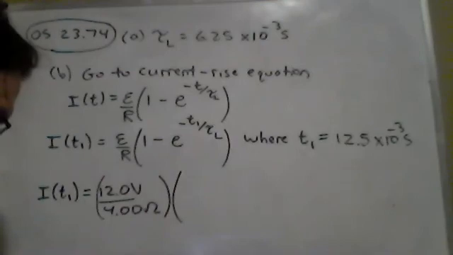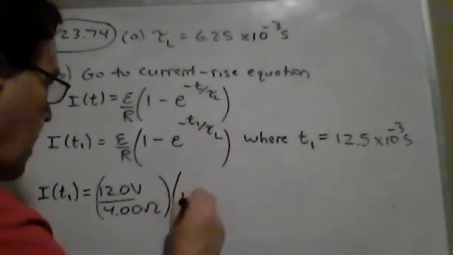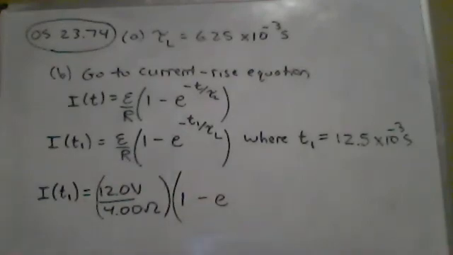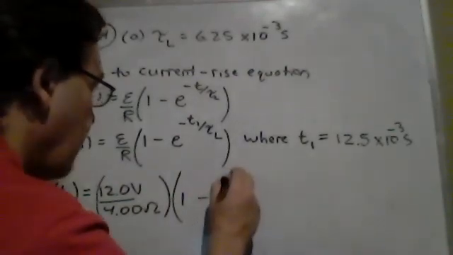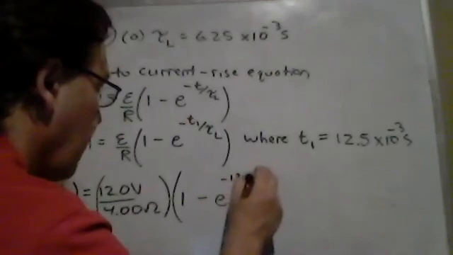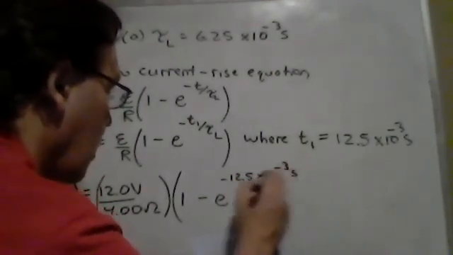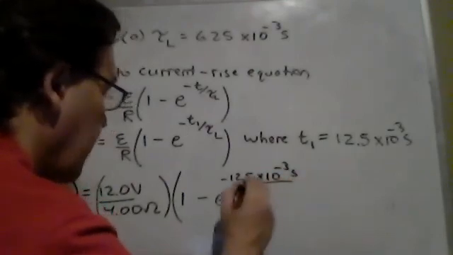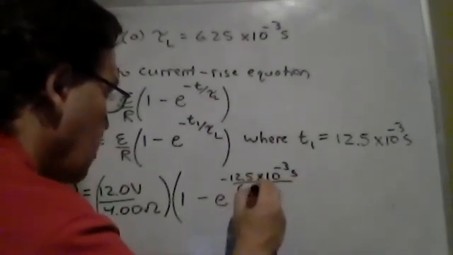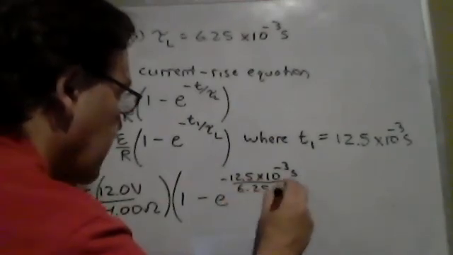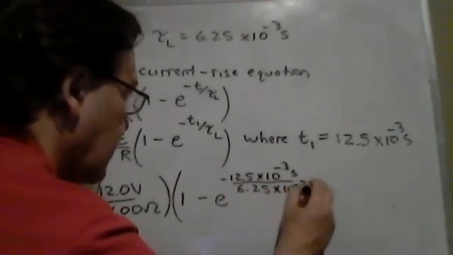And then that's 1 minus e to the negative T1, negative 12.5 times 10 to the negative 3 seconds over 6.25 times 10 to the negative 3 seconds.